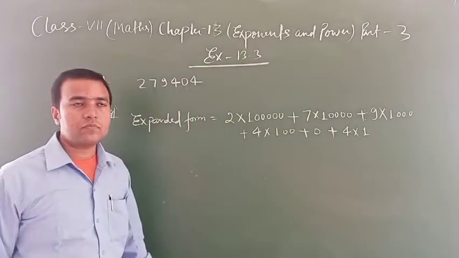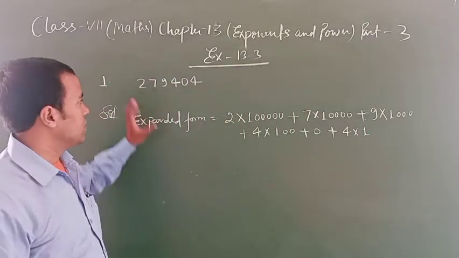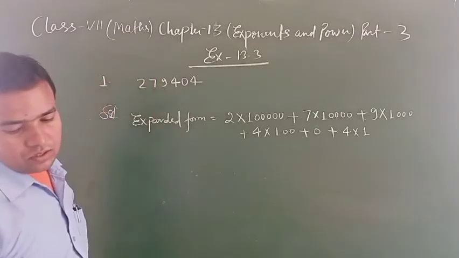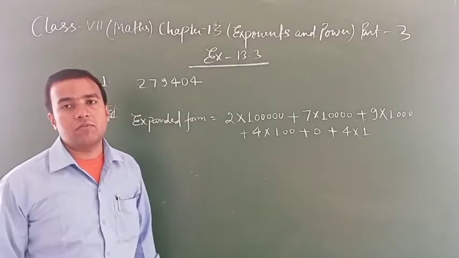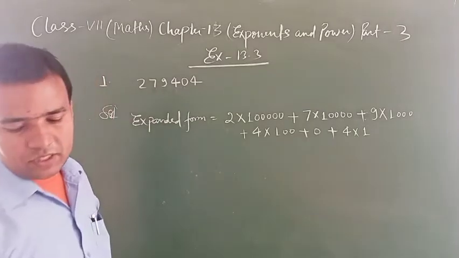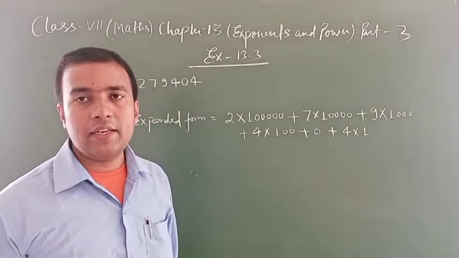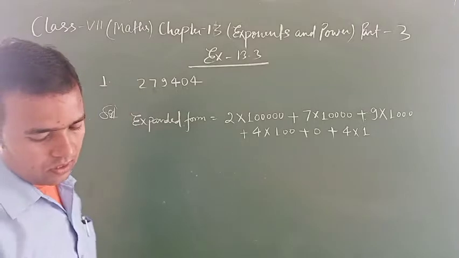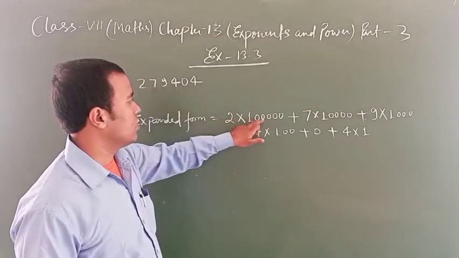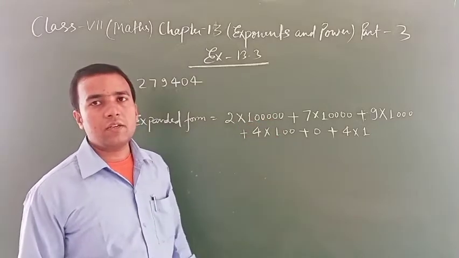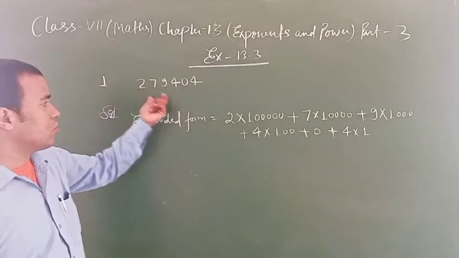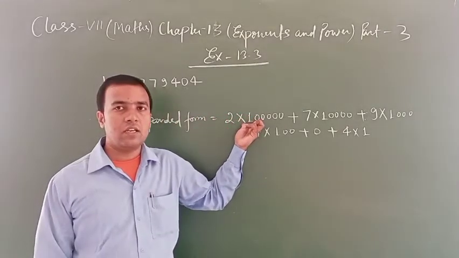Clear? Any problem? See, this number is given. The question is asking to write the following number in expanded form. So 2 into 1 followed by 5 zeros.